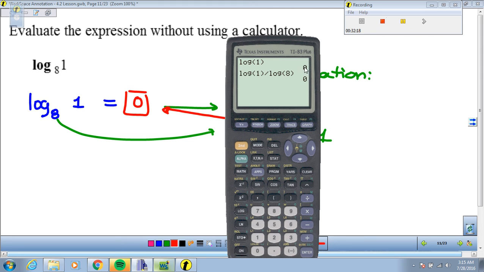In reality that would be wrong, because when I enter the first log, the calculator is assuming that the base is 10. The change of base formula is entering the second way, when you have bases that are not 10: log of 1 divided by log of 8. And that would give you 0.